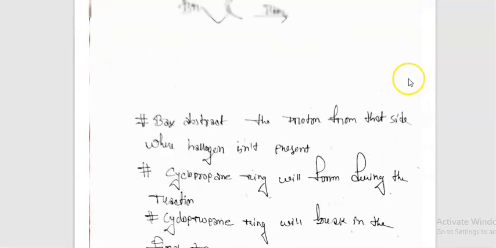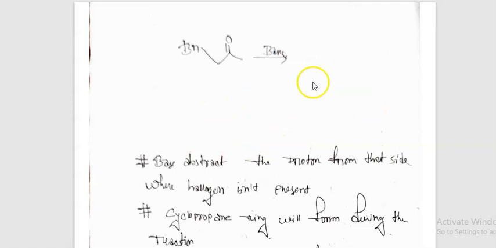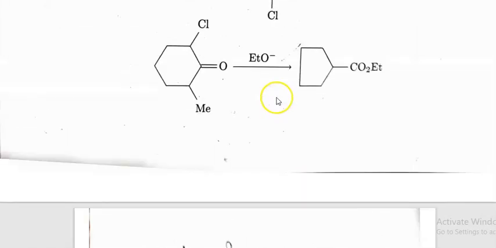So what we basically learn about Favorskii rearrangement: the basic criterion is that the system must be an alpha halogenated ketone. It should be an alpha halo ketone. In the presence of a base the reaction proceeds, and at the end an ester is formed.